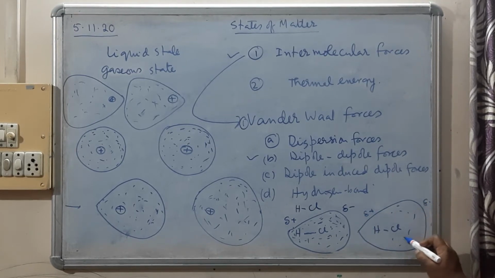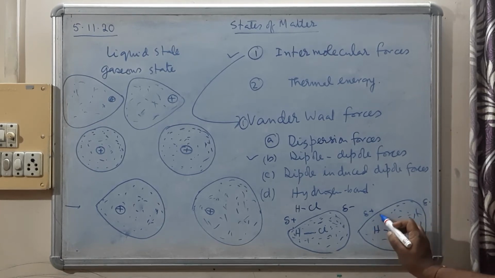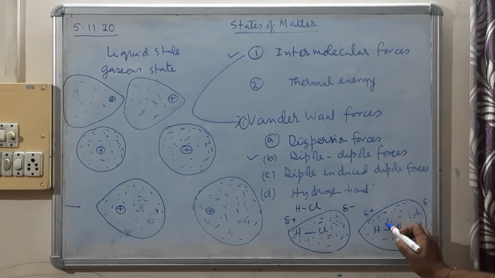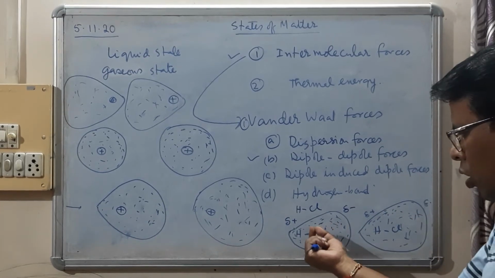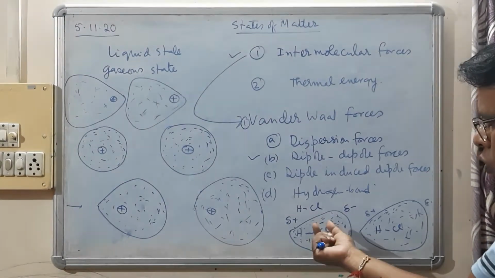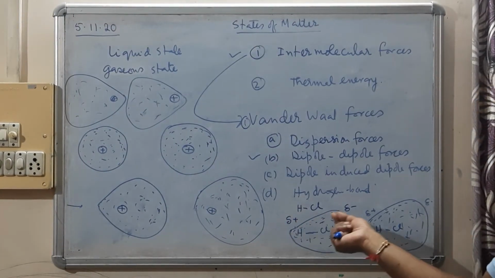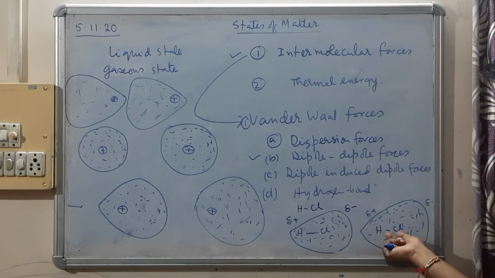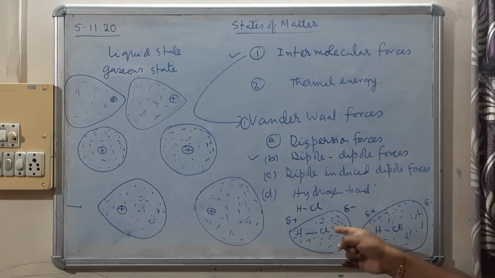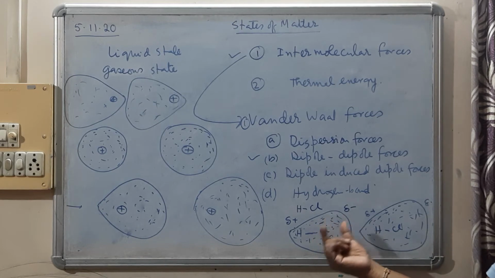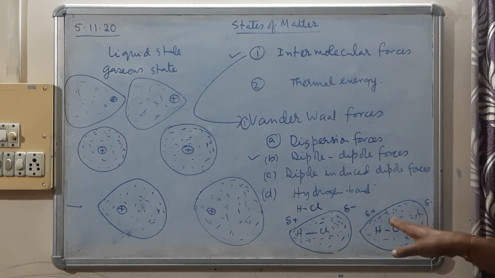Electron density is more over the chlorine side, less over the hydrogen side. So this is a dipole. Two poles are there: one positive pole, one negative pole. And this is also a dipole. So now there is a force of attraction between this molecule and this molecule, and this is called dipole forces.